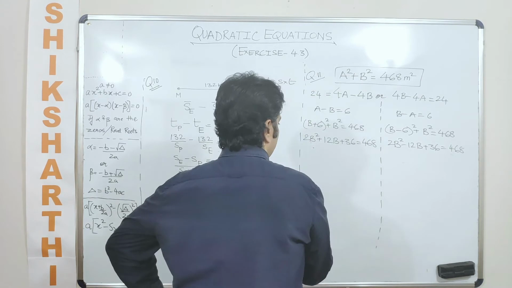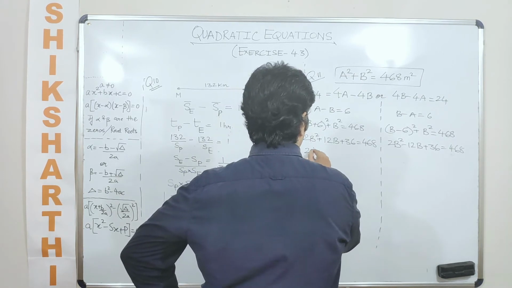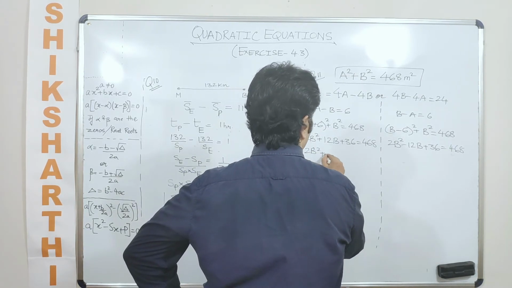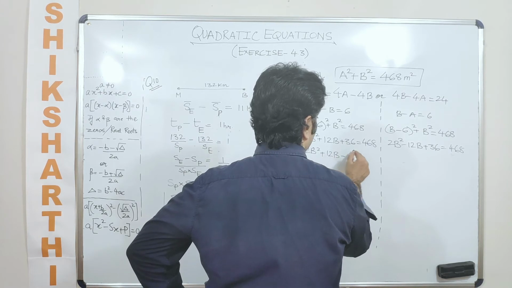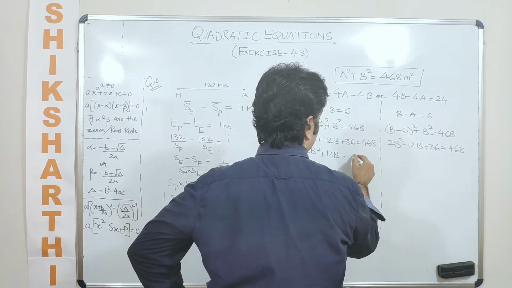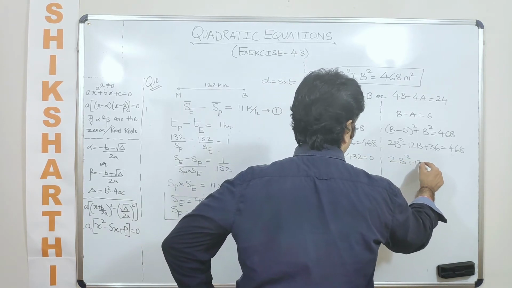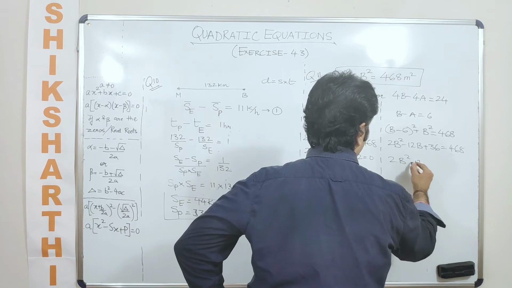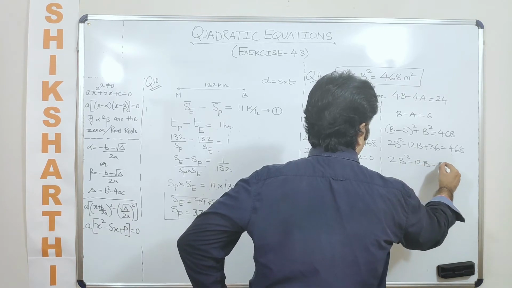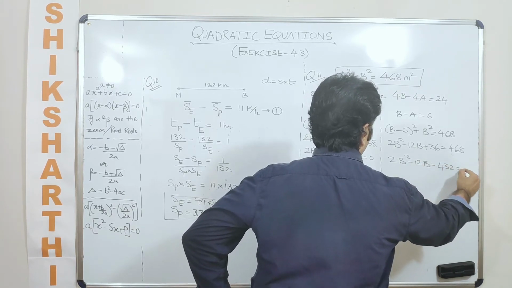On this side you will see 2B square plus 12B minus 432 is equal to 0. On the other side you will see 2B square minus 12B minus 432 is equal to 0.